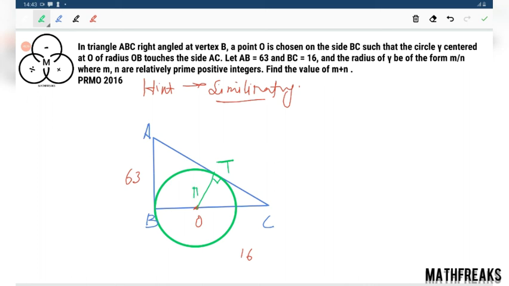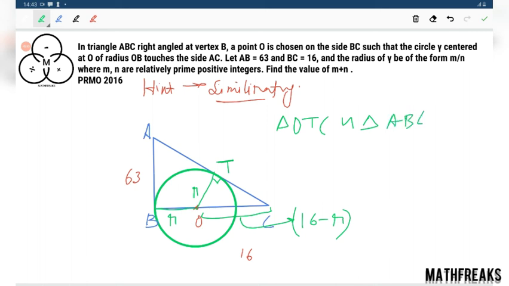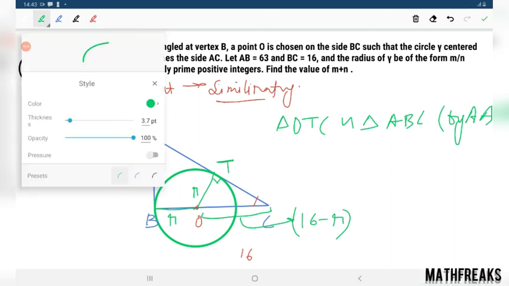This is R. This part is also R. This will be 16 minus R. Now triangle OTC is similar to triangle ABC by angle. You just see this angle C is common for all, and angle OTC is 90 degrees, angle ABC is also 90 degrees. That's why I said angle.